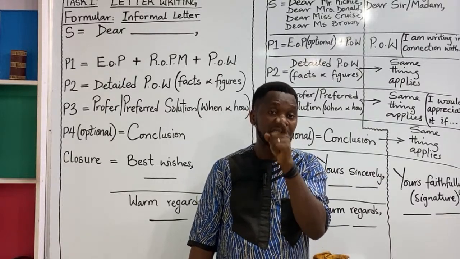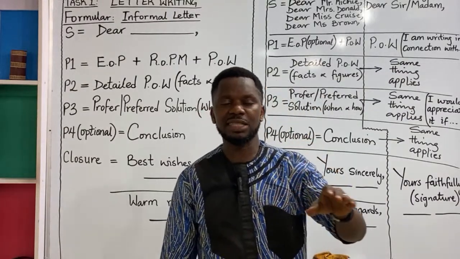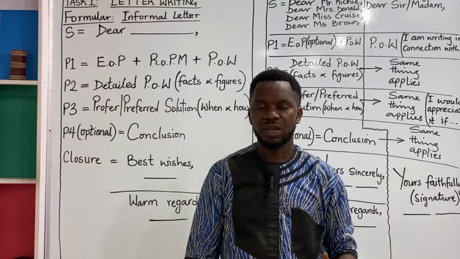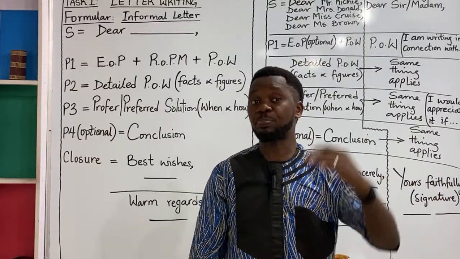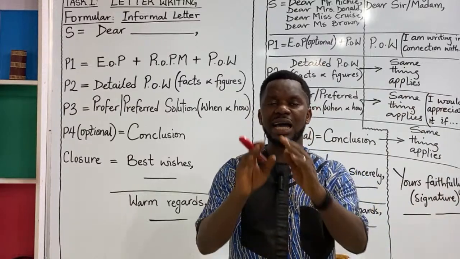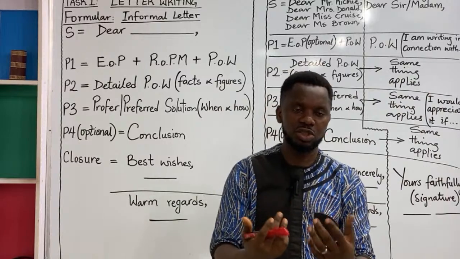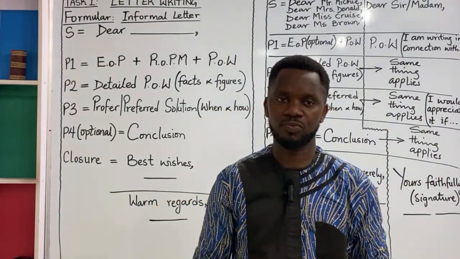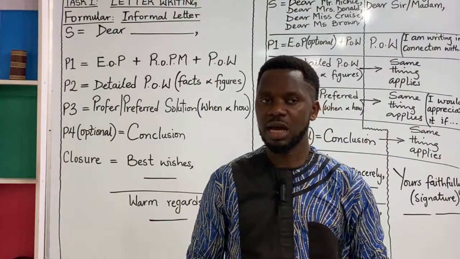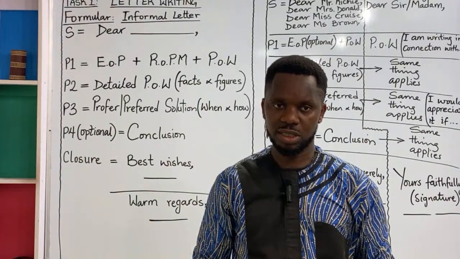It will require you to write a letter to your brother, your friend, or your parents. These are informal letters because you have a close relationship with these people. So it's easy to decipher an informal question in your IELTS exam.